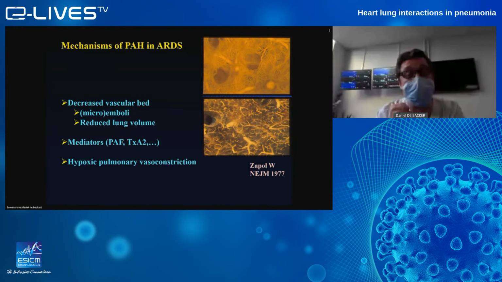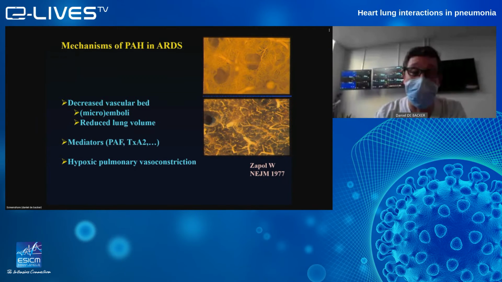And we do not know exactly in COVID-19, but we have seen several patients with macroscopic pulmonary embolism occurring. We have also seen that there is a high increase in D-dimers and this increase in procoagulant state. So it is very likely that these microemboli also occur in COVID-19.